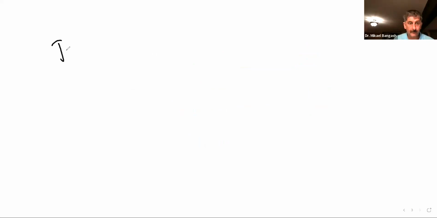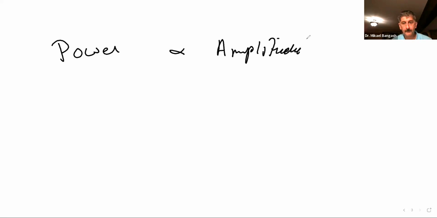Look here, girls. We said power was directly proportional to amplitude squared, right? Just for a sec, just look at it as raised to the power 2, or the square here.